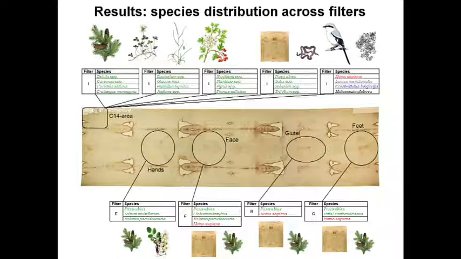Here, the first part of the results in terms of species distribution across filters of the Shroud.